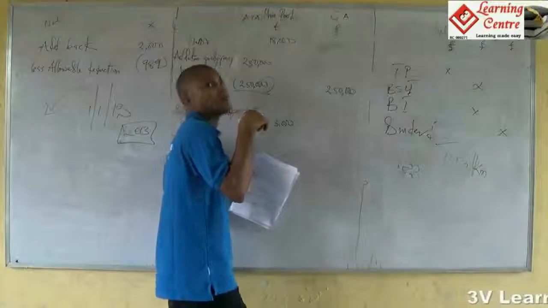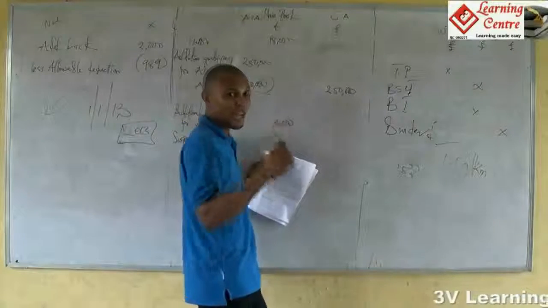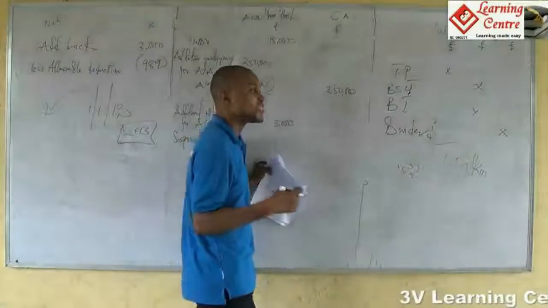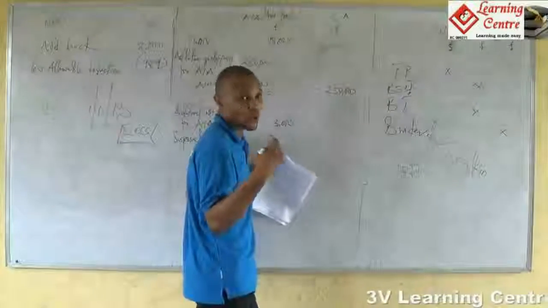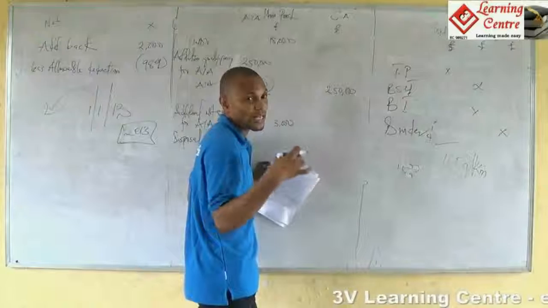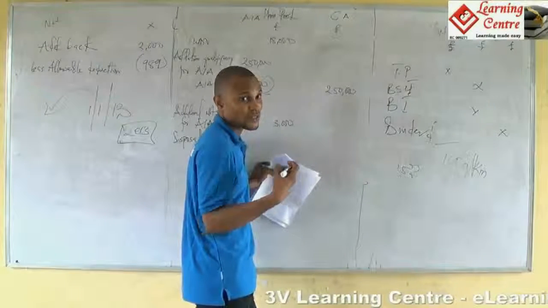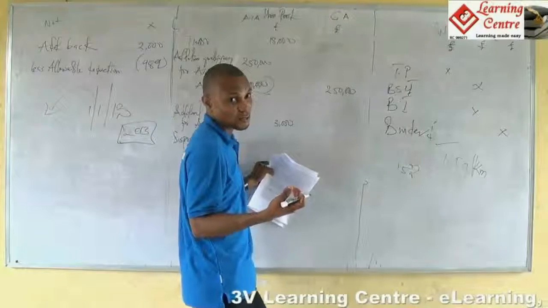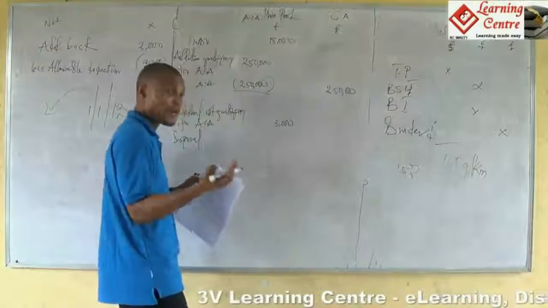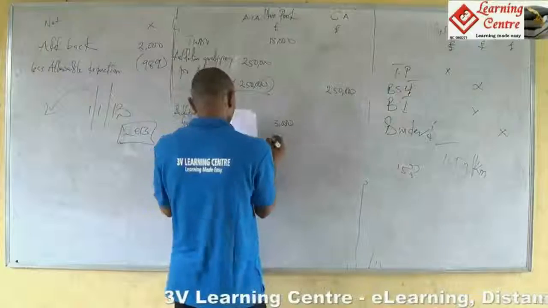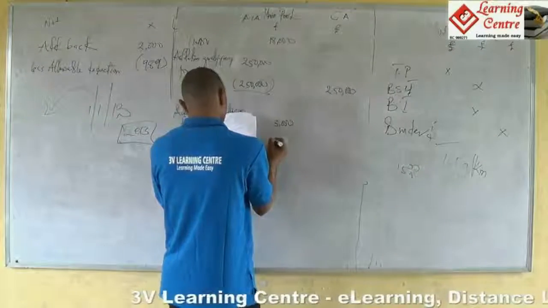Yes, you are right by virtue of trial and error. But what you will do is you opt for the lower of cost and net realisable value. What's the cost? 26,000. What's the sales proceeds? That's the net realisable value. So you go for this 23.